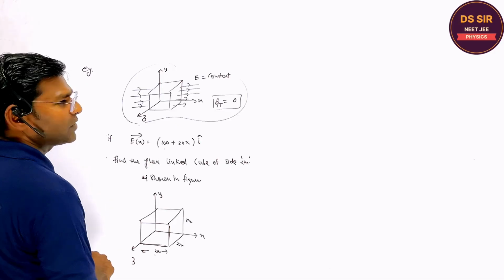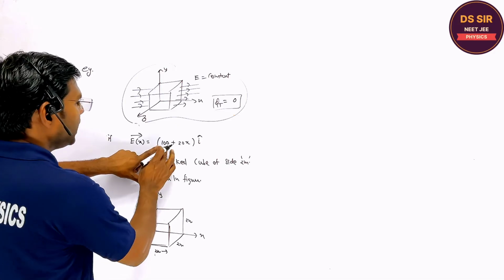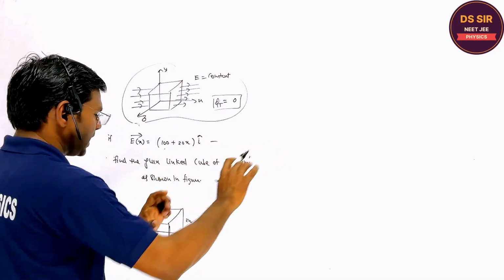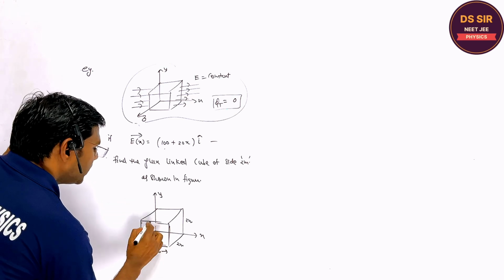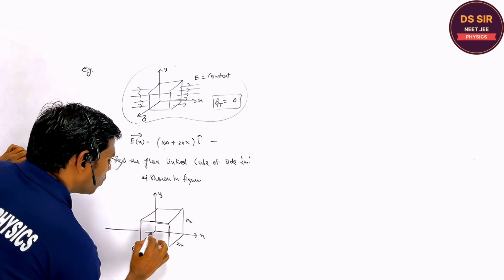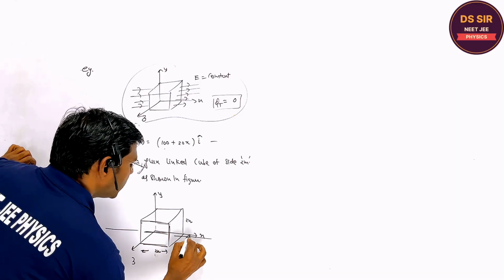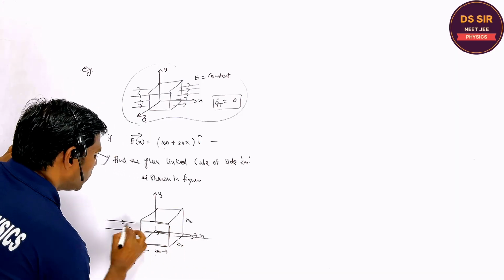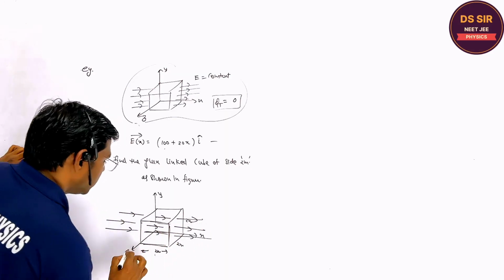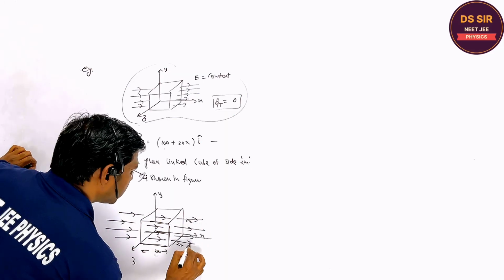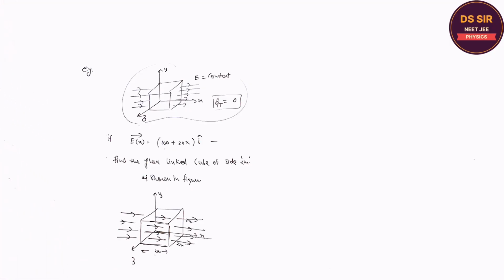The electric field is a function of x, but it is along the x direction only. Along the x direction means the electric field is coming in here, going in this direction, and coming out from the cube like this. Is it clear or not?